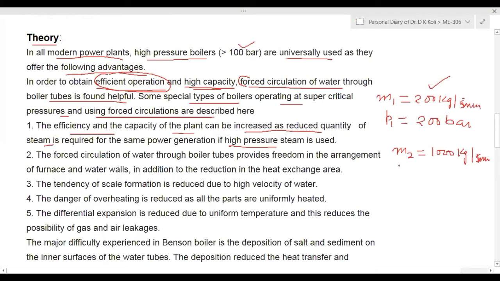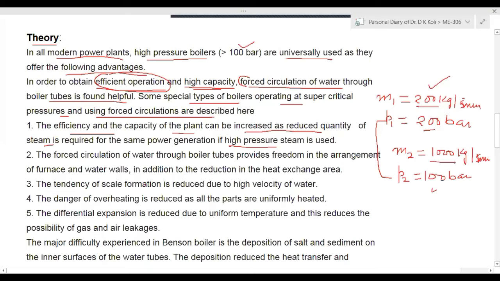And here, let the pressure in this boiler be 100 bar. So if you compare these two pressures in the boilers, P2 is 100 bar, here 200 bar. Here at this pressure, the steam generated is using only 200 kg per minute. And this boiler at the lower pressure is using 1000 kg of steam per minute.